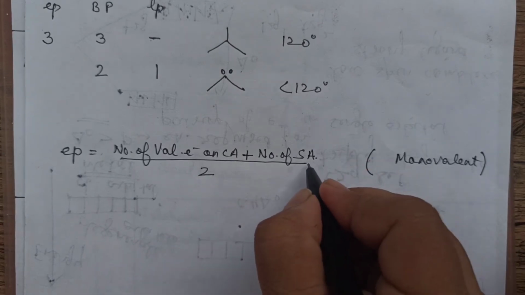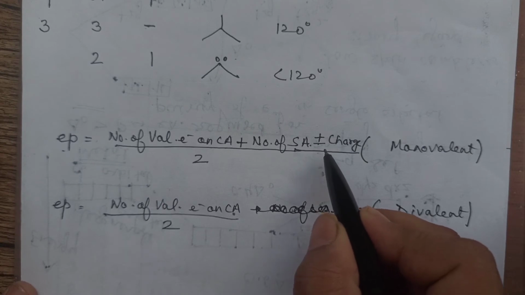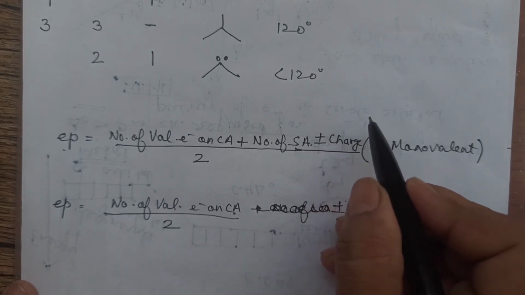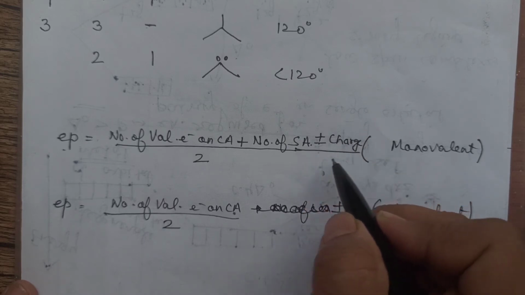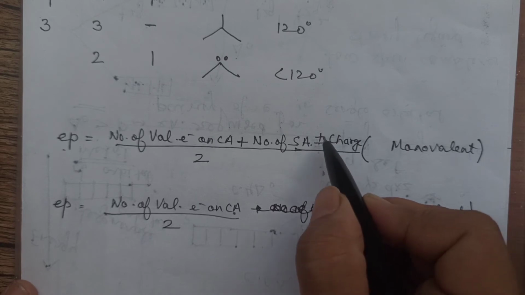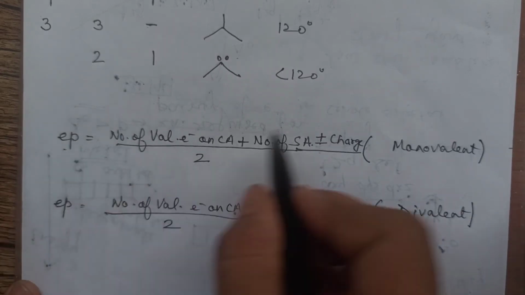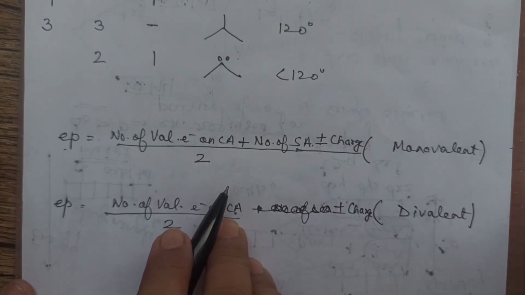Now if any charged species is there, you have to add the charge. Means if the species has a plus charge, like hydronium, you will subtract the charge; if it is minus, plus. We will take examples, then it will be clearer. For further clarity, you can also watch my video on VSEPR theory, which I have already shared.